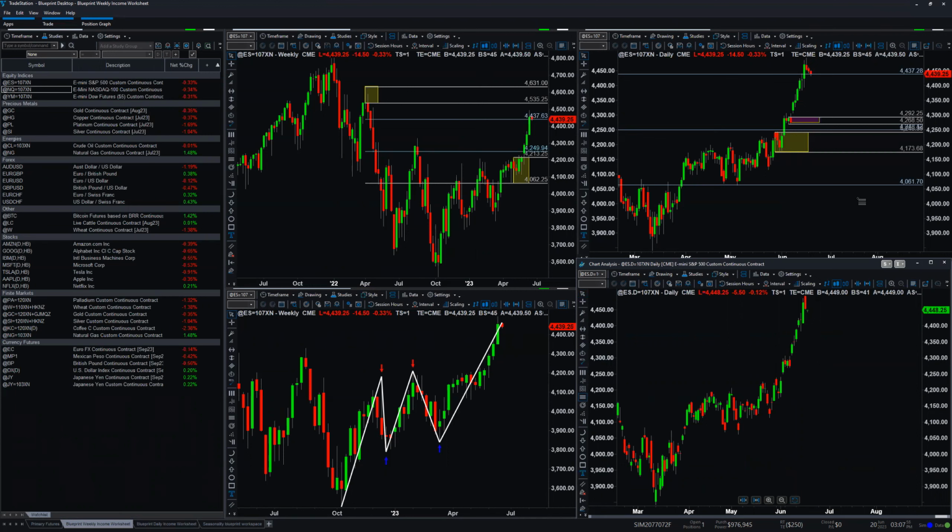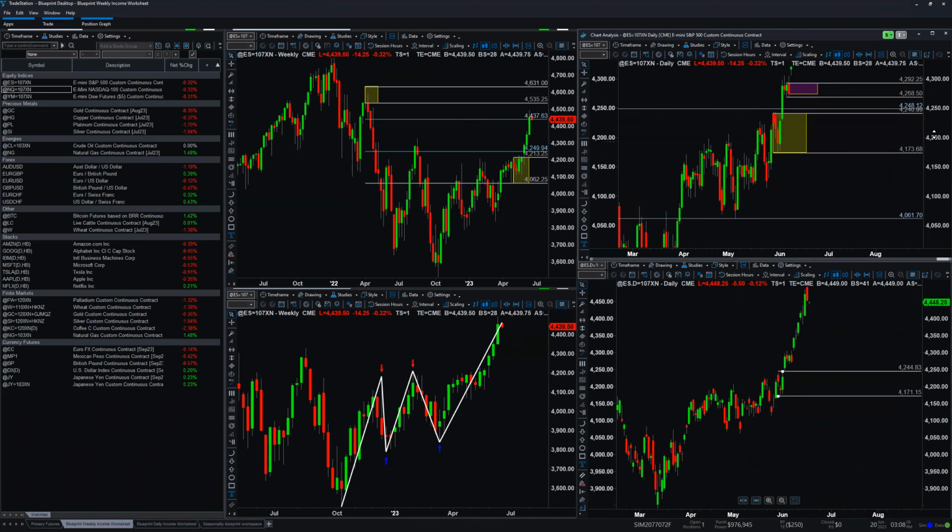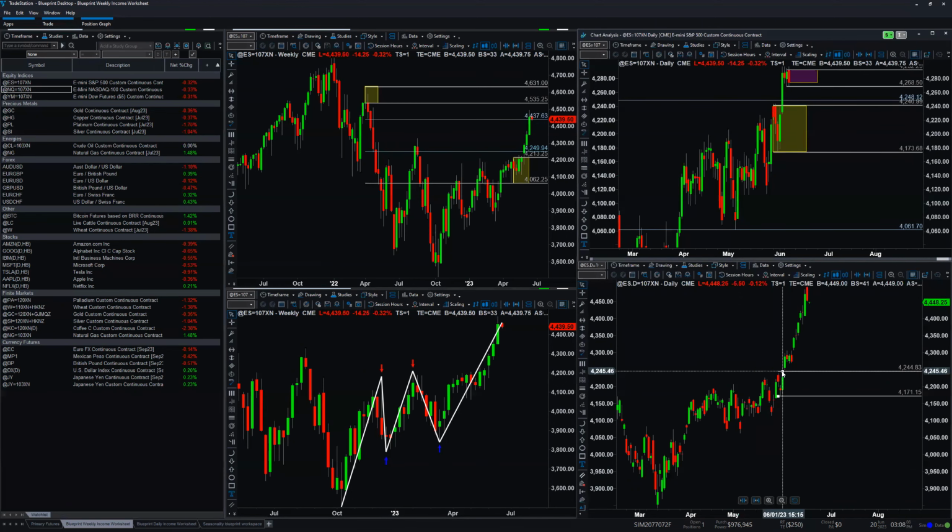So my lower level that I would want to set for 250. For 240.